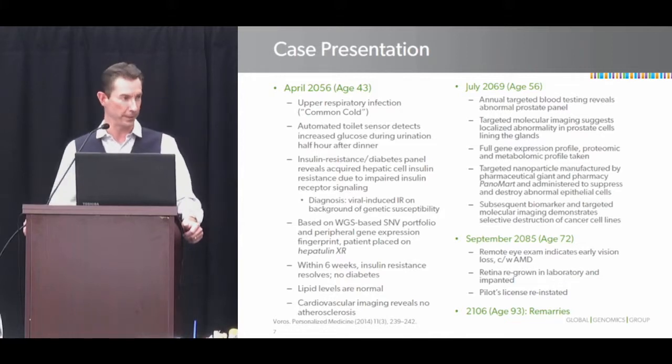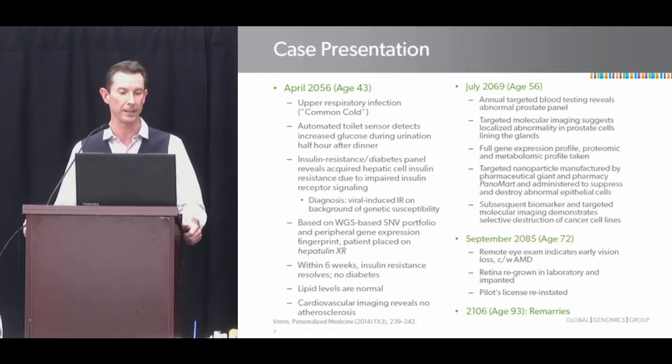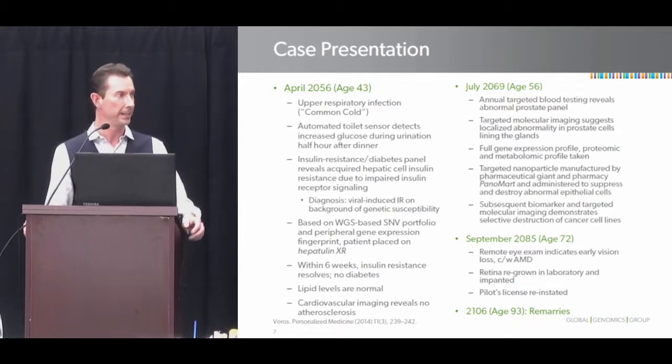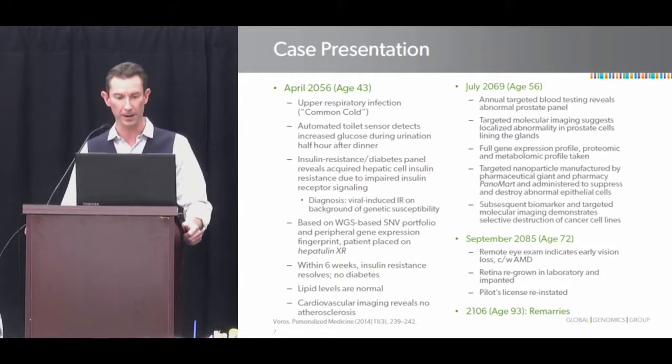Now at age 43, this person has just gotten through an upper respiratory infection, and when he goes to the restroom about 30 minutes after dinner, the automated toilet sensor indicates that there's an elevated blood sugar in the urine. So then, of course, an insulin resistance diabetes panel is run through the phone, which is then transmitted to the hospital.